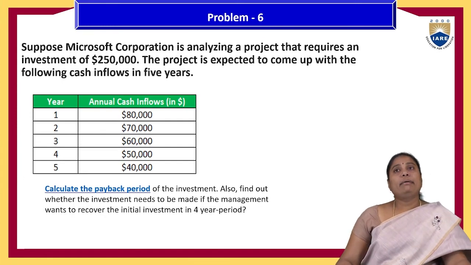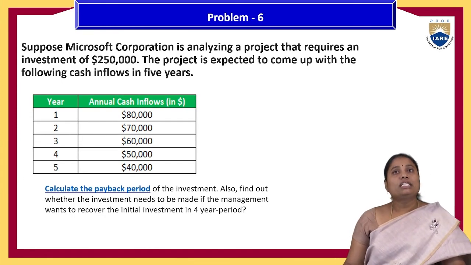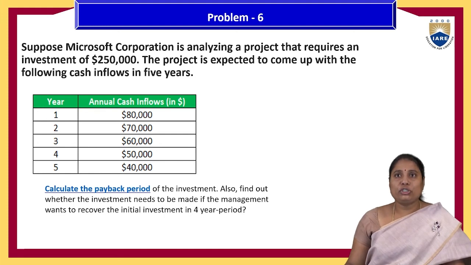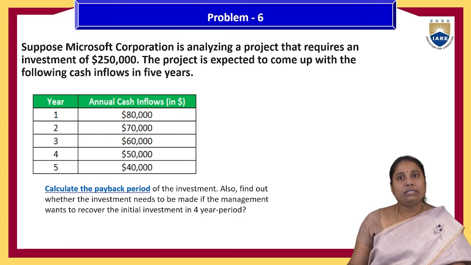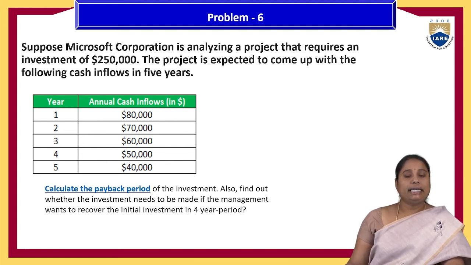The next one, problem 6. Suppose Microsoft Corporation is analyzing a project that requires an investment of $250,000 and the project is expected to come up with the following cash inflows in 5 years: in the first year $80,000, second year $70,000, third year $60,000, fourth year $50,000 and fifth year $40,000.